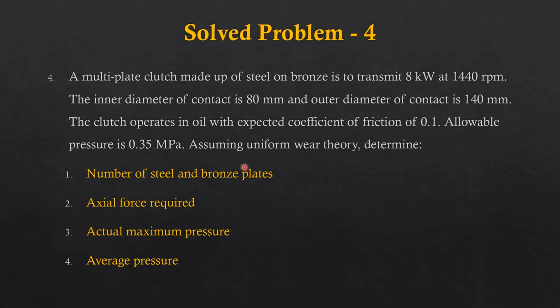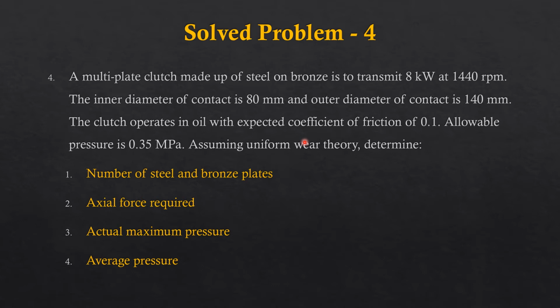So let's look into problem number 4. A multi-plate clutch made up of steel on bronze is to transmit 8 kilowatt power at 1440 rpm. The inner diameter of contact is 80 mm and the outer diameter of contact is 140 mm.